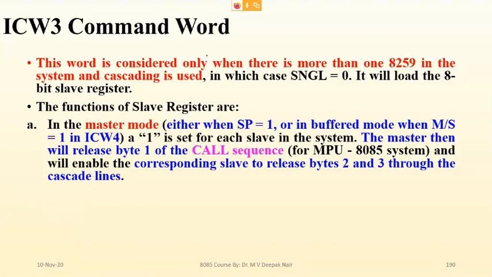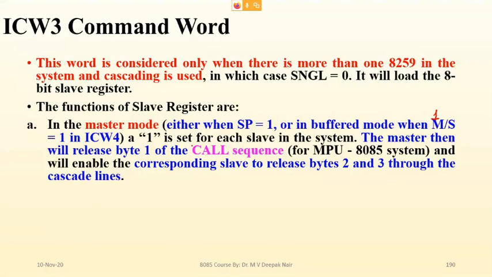So we are talking about ICW3, but in ICW4 there is one bit, M slash S. That bit will tell you whether the device is working as a master or a slave. So either you can check the SP line, or in ICW4 you can check the M slash S line. M slash S means master slash slave. If it is 1, then this particular device is working as a master.